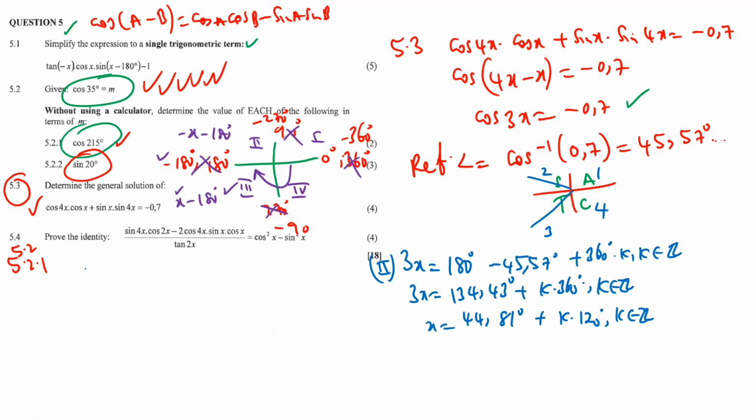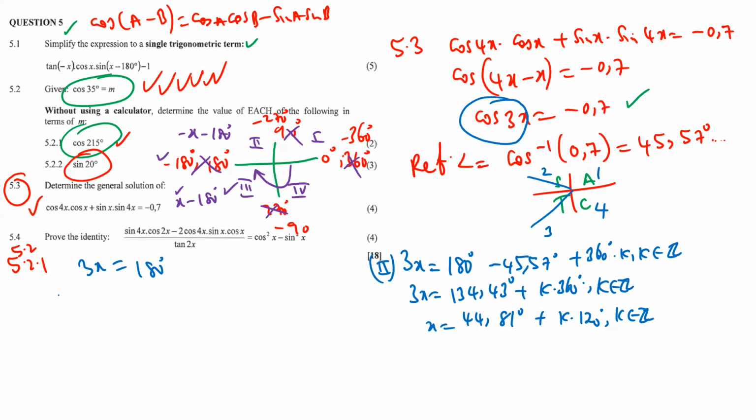This is going to be 3x, coming from here, where cosine 3x is minus 0.7. So 3x equals 180 degrees, now using the reference angle but putting ourselves in the third quadrant, so it's a plus.